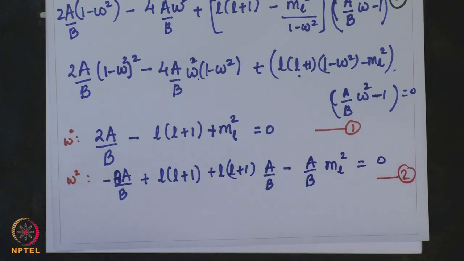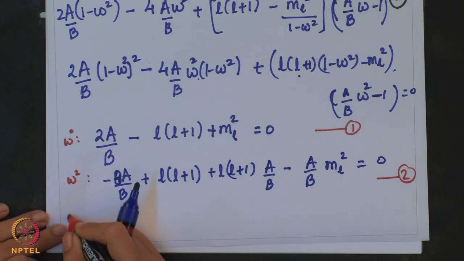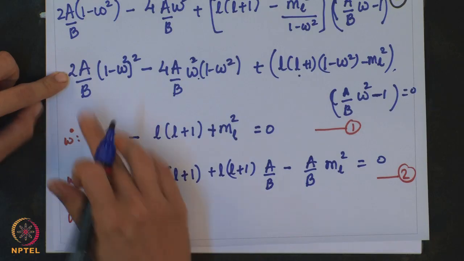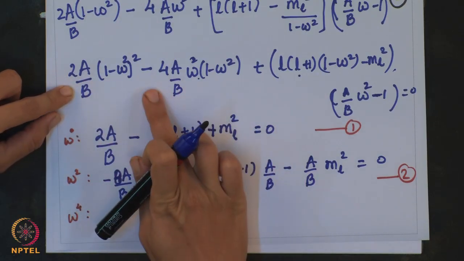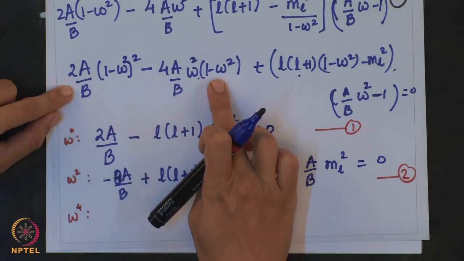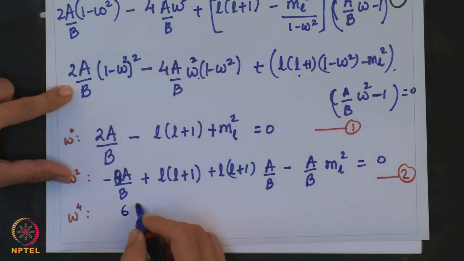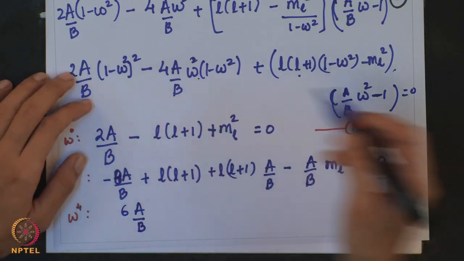Now let us find the equation for the omega raised to 4 term. This will be one contribution, 2 a by b omega raised to 4. Here I have minus and minus, which gives plus 4 a by b. So it becomes 6 a by b omega raised to 4, one contribution I got from here.